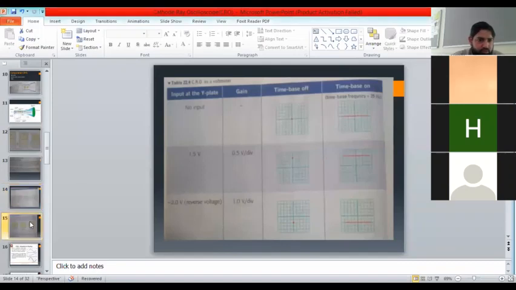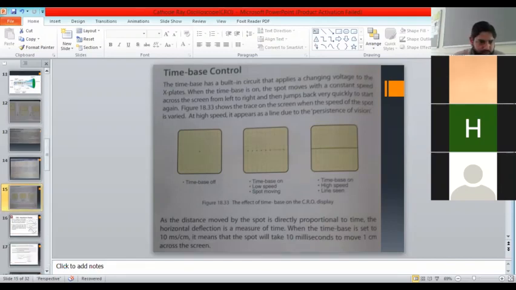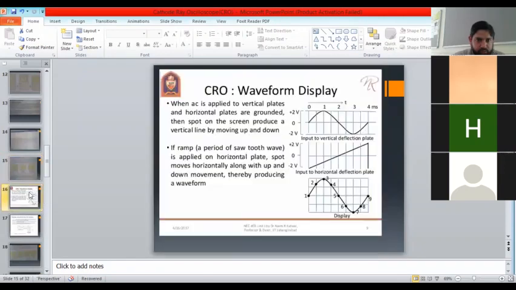So now, at first we discussed deflection on the y-axis, above or below, when the signal is applied to the Y plates. Now we'll discuss the deflection on the x-axis. So for example, look at this diagram.